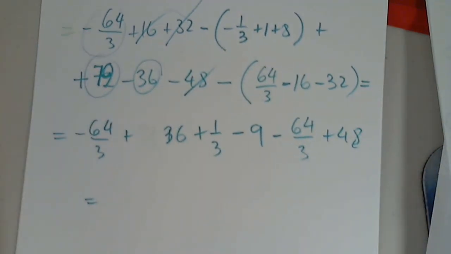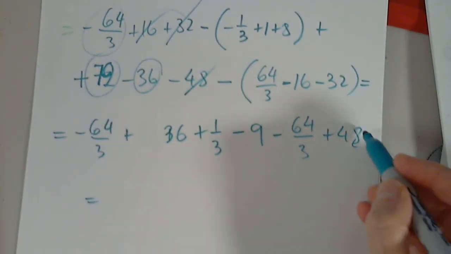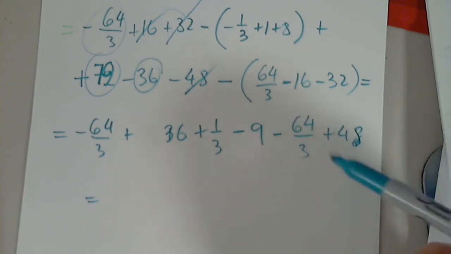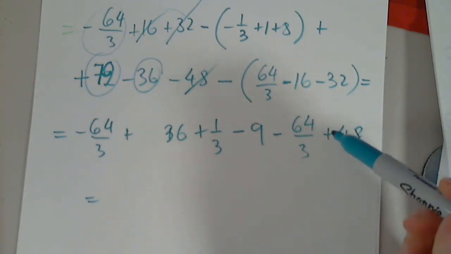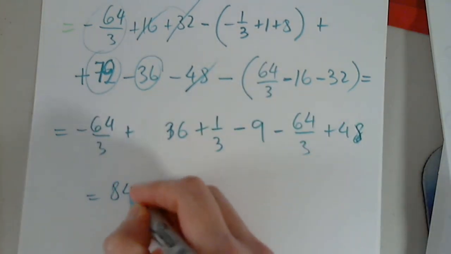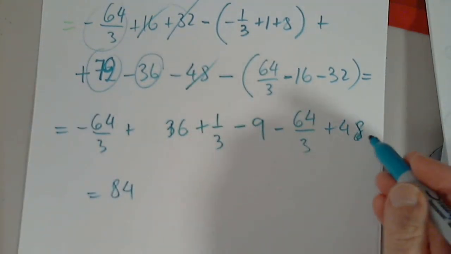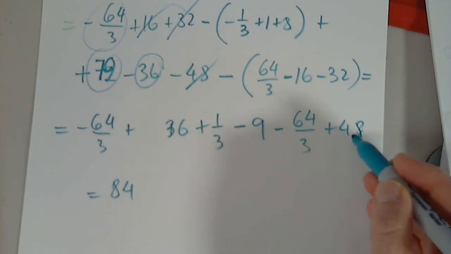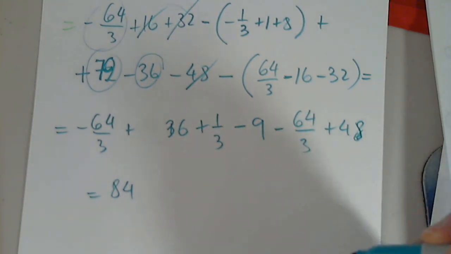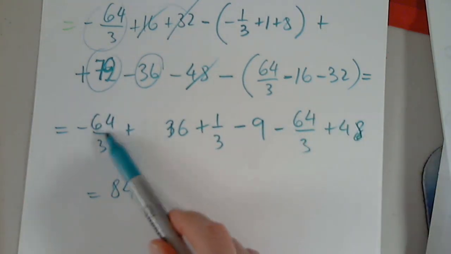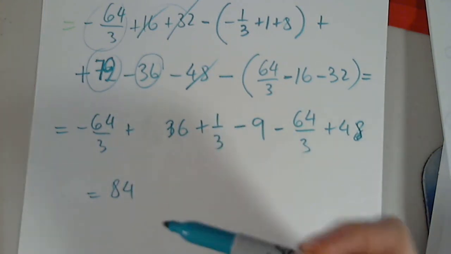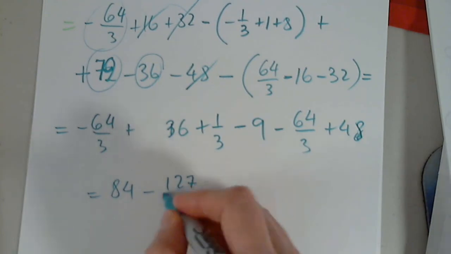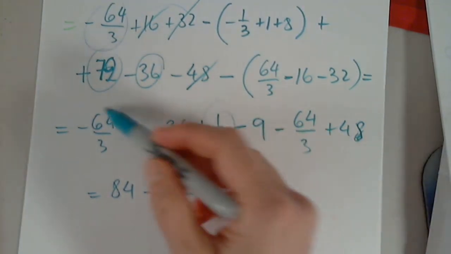Okay. So 48 and 36, 84. Check my numbers, please. Don't let me make an error. So 36, yes, I think that that's correct. Yes. And then 128 plus 1, negative 127 over 3. So I took care of these.